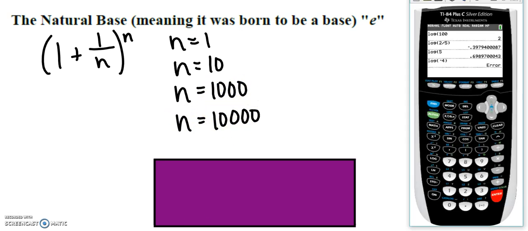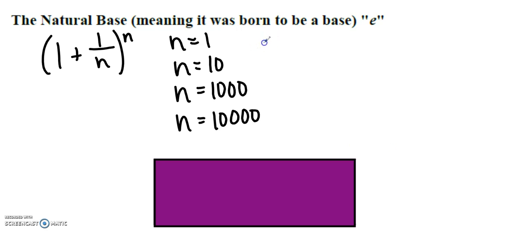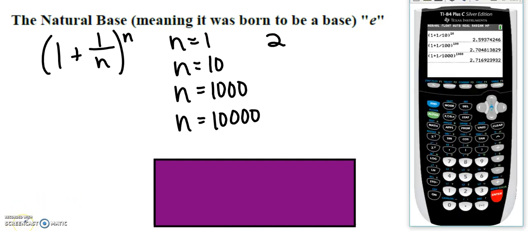So if I did this when n is 1, I would say, okay, I want (1 plus 1 over 1), close parentheses, to the first power, because n was 1. And I end up with 2. Then go ahead and do the same thing, except plug in 10, then plug in 1,000, plug in 10,000. So pause your video, go ahead and find those values for me.